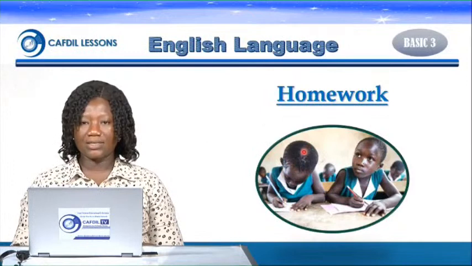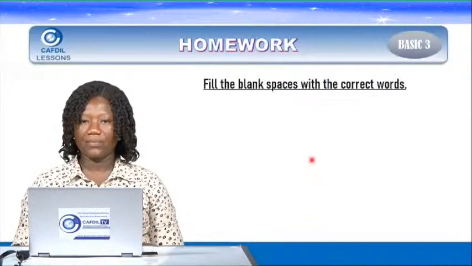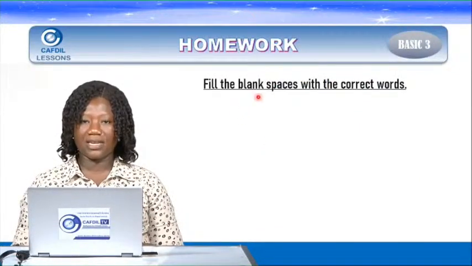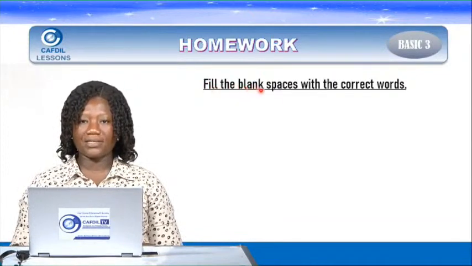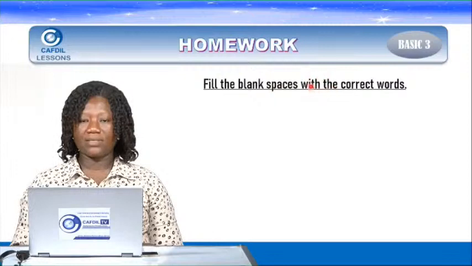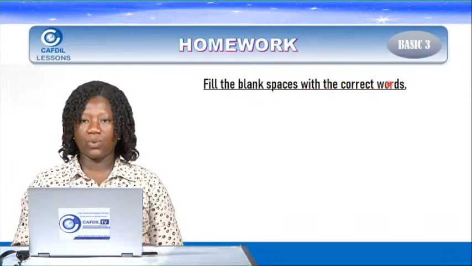So let's take this homework. I can see in the picture that we are ready with our pencil and our book. Are you ready? That's right. So let's write our homework. So the instruction is fill the blank spaces with the correct words.